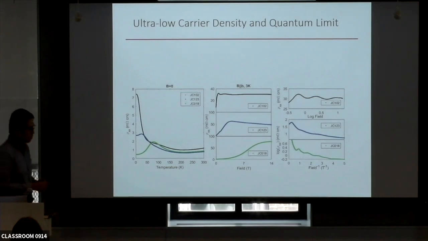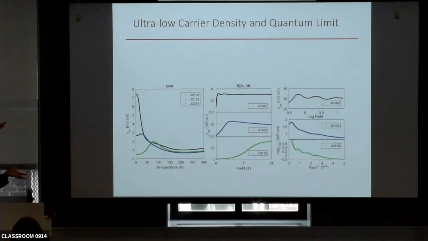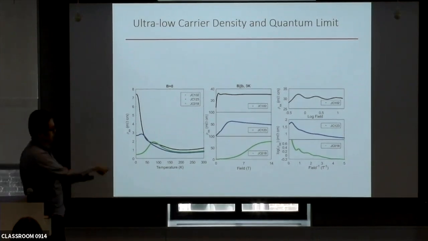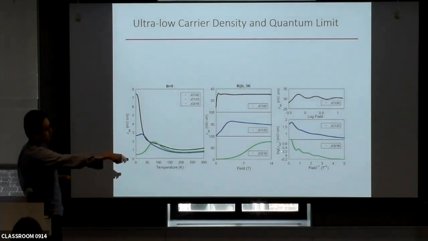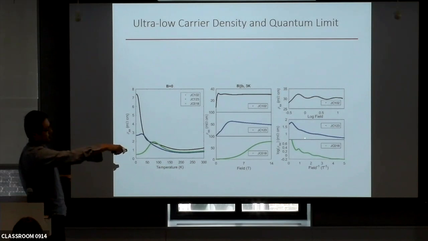Now, you can also reduce the quantum limit, which is the magnetic field that drives all electrons into the lowest Landau level, to an extremely small field. For example, for this green crystal, you can see quantum oscillations in 1/B with a periodicity of about 1 Tesla. For the blue crystals, where you push the resistance peak down to 20 Kelvin, the quantum oscillation has a frequency of about 0.5 Tesla.